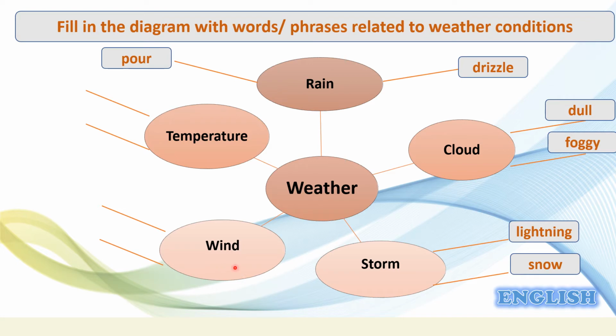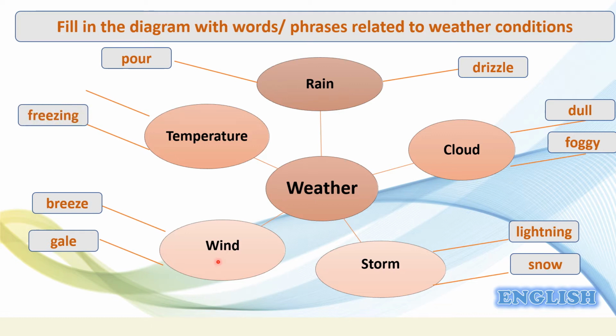The next word, which is wind, we have two types. We have gale, which means a strong wind, and a breeze, which is a gentle or soft wind. As for temperature, we can say it's freezing, or the opposite, it's boiling, which means it's very, very hot. Good job.